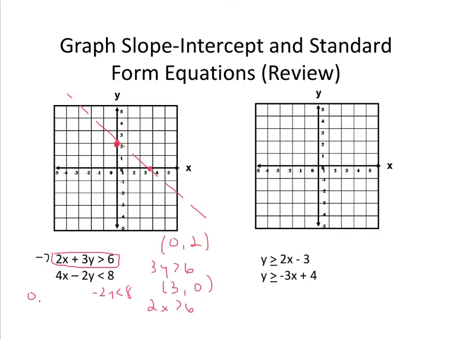So y would be negative 4. Okay, and then if I set y equal to 0, x is going to be 2. So my next point here is 2, 0, and 0, negative 4. Okay, and then this gets a dotted line as well.